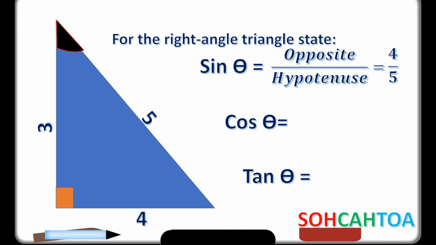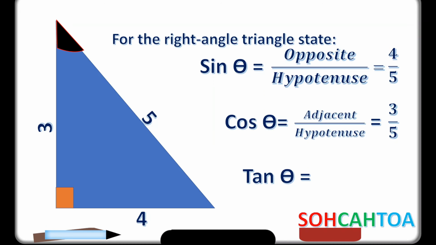So our sine theta is 4/5. We move on next to the cos theta, which is adjacent over hypotenuse, A over H, using that CAH. From our theta, we can see that the adjacent is 3 and the hypotenuse is 5. So our cos theta ratio is 3/5.